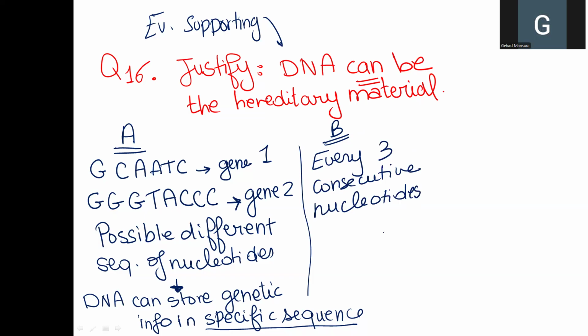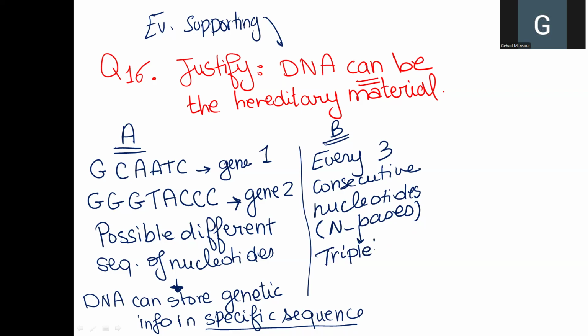And of course, the most important are the nitrogenous bases, because it is the nitrogenous base that changes from one nucleotide to the other, while the ribose sugar and the phosphate group are constant. So every 3 consecutive nucleotides form what we call a triplet code.